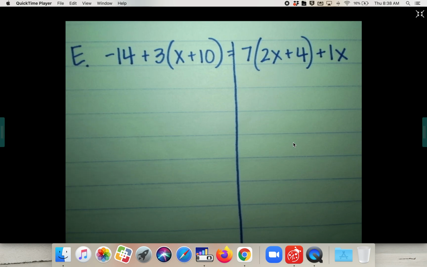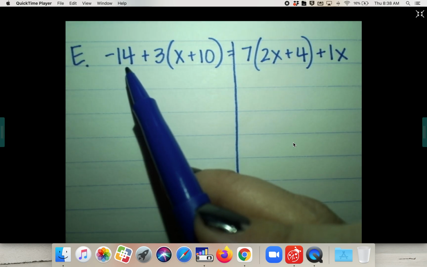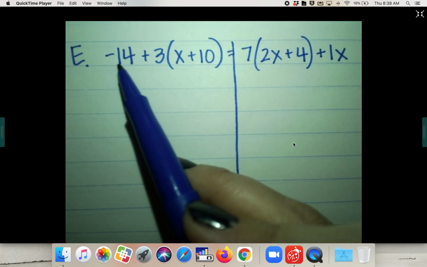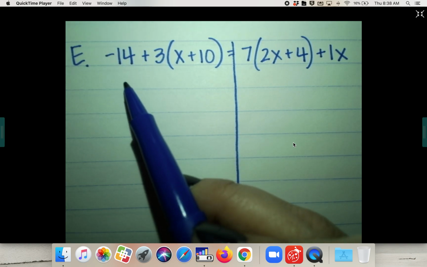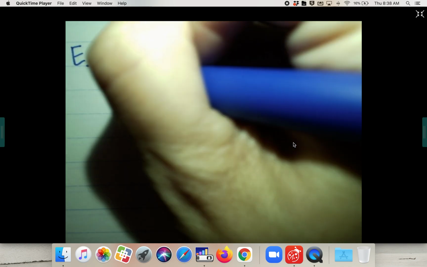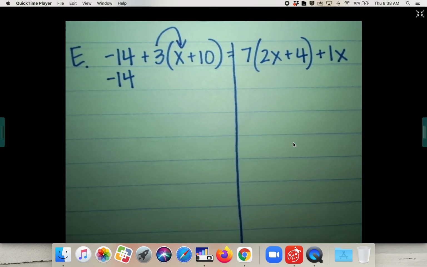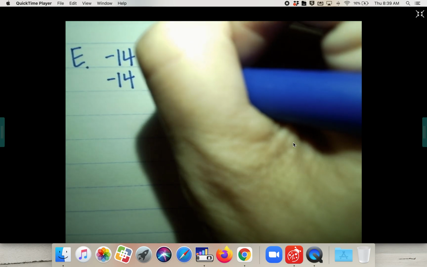What I want you to recognize, first of all, is that this negative 14 is not what's being distributed. The 3 is. So this negative 14 I don't want to do anything with yet, so let's just bring it down. It's still part of the problem, but it is not getting distributed. We are going to distribute the 3, though. 3 times x is 3x, so I want it to look like plus 3x.